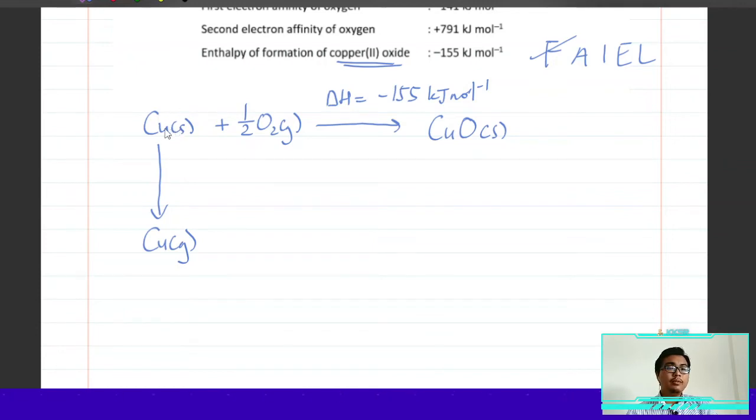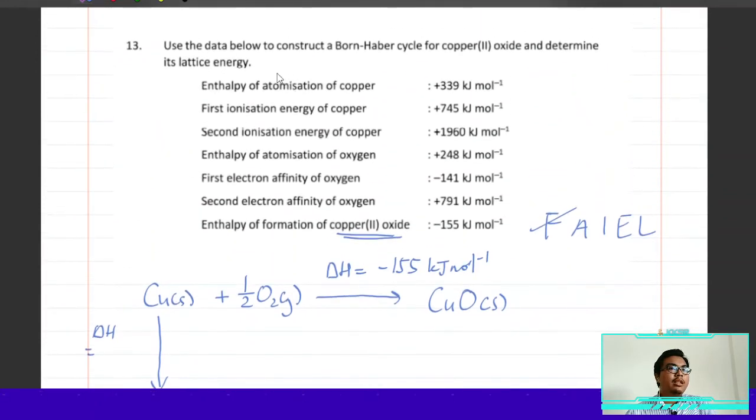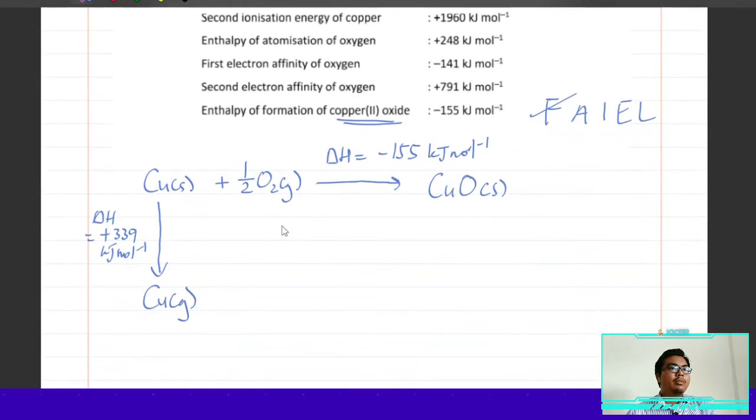So dia akan hasilkan 1 atom gas jugalah. 1 mole actually, 1 mole of metal solid jadi 1 mole of metal gas. Okay. So dia punya delta H value is also has been given. So look at the enthalpy of atomization of copper, which is positive 339 kilojoule per mole. Okay. So settle that atomization yang pertama.